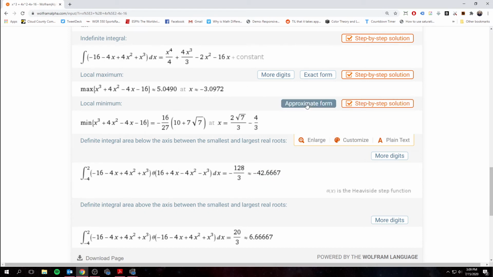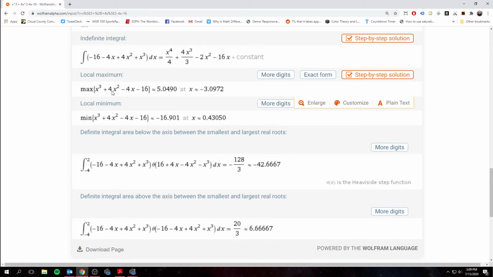So the way I read this, from left to right, the max occurs at, this is actually a y value right there, and they give you the x value of where that y value occurs. Same thing down here, the local minimum is going to be a minus 16.901, so that's the y value. The x value is going to be a 0.43.